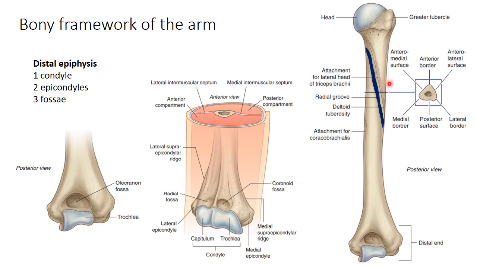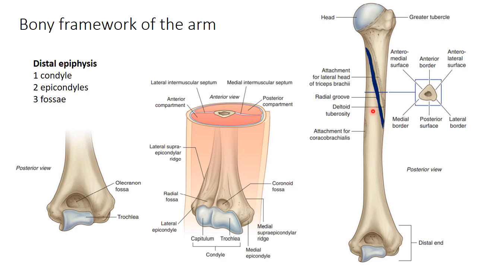So here we expect that any fracture of the shaft of the humerus may result in injury to these two structures, and most importantly of course the radial nerve, which is what concerns us most. So any fracture in this area of the humerus, we can expect radial nerve injury.